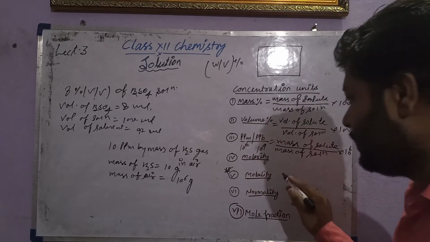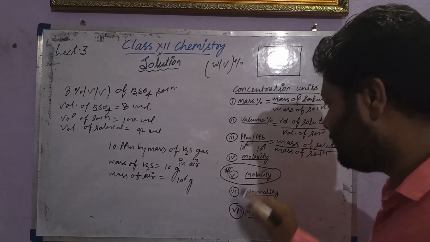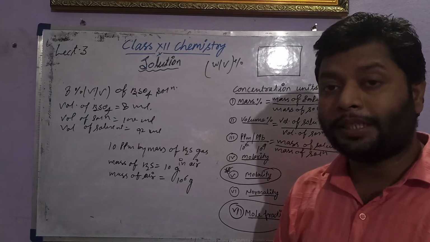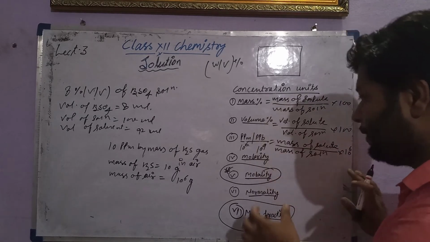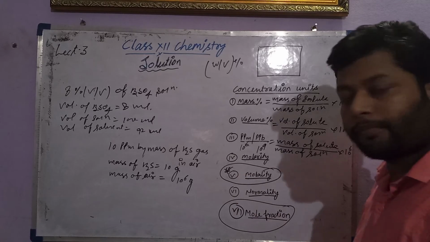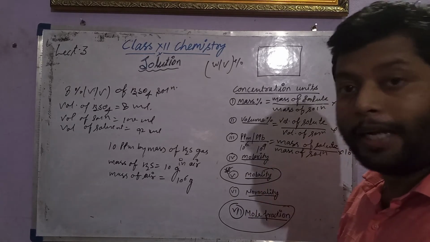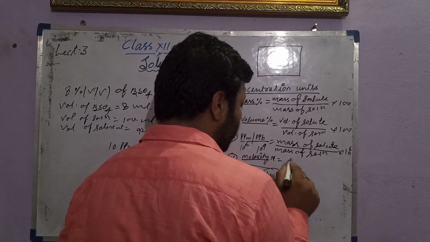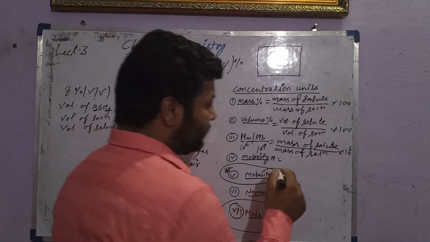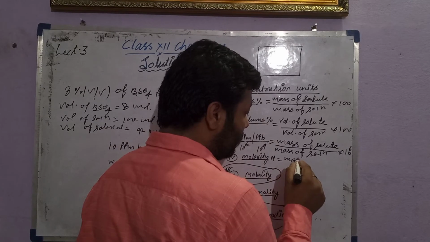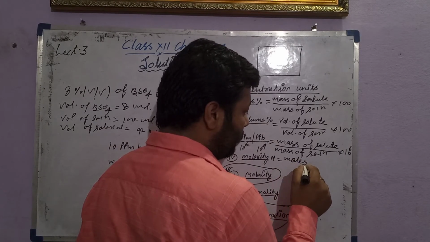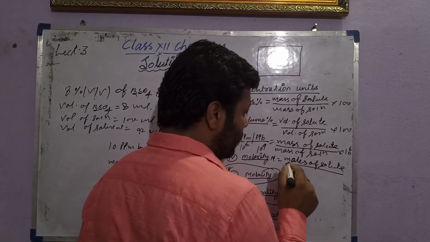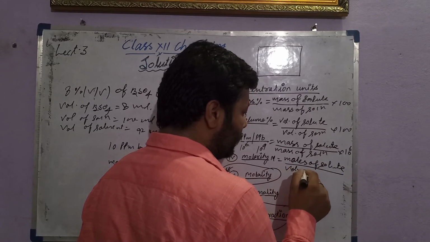In this chapter, molarity and mole fraction are the important parts. So first we will start with molarity. Molarity is indicated by capital M and is expressed as moles of solute upon volume of solution.